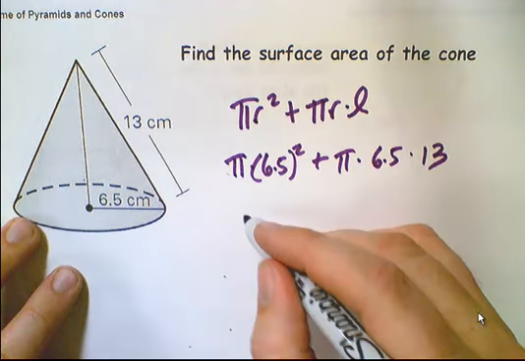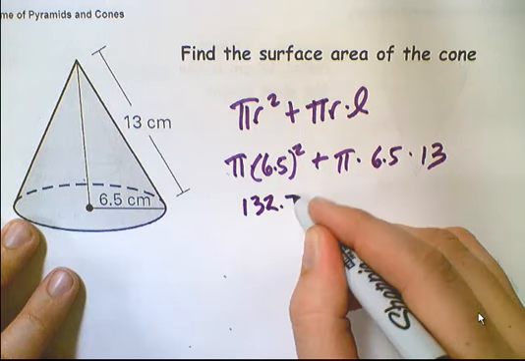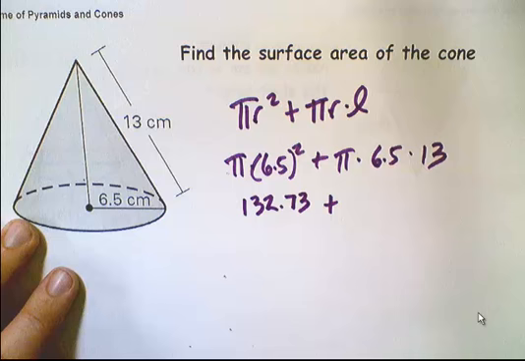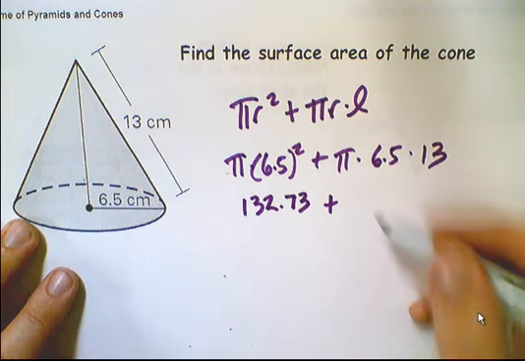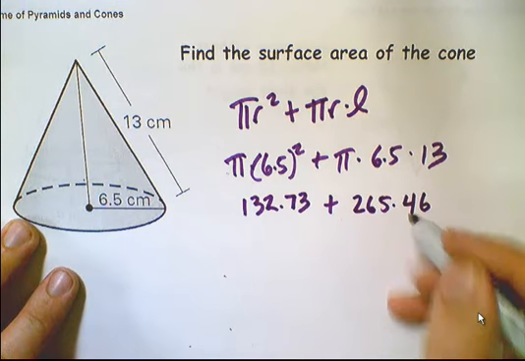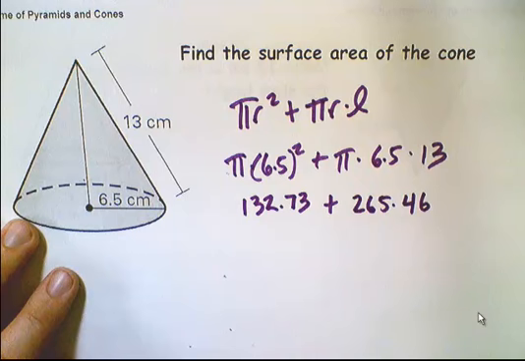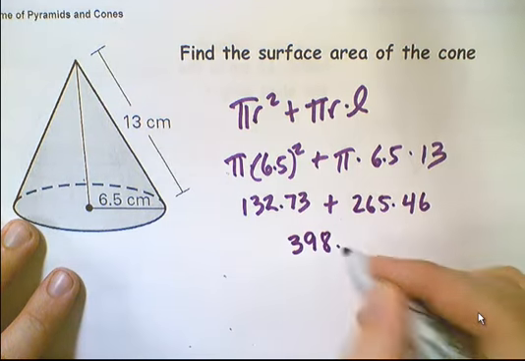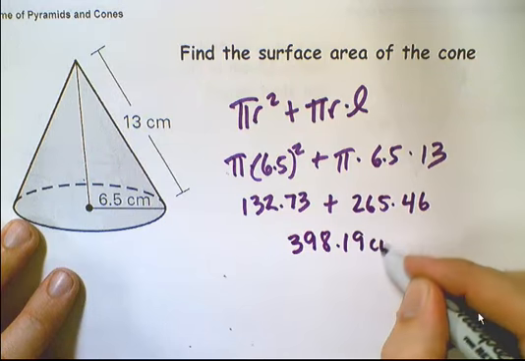This comes out to be 132.73. The second piece of the formula comes out to be 265.46. Combining these two together, I'm going to get 398.19 centimeters squared.